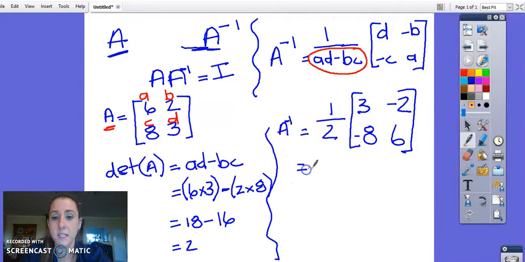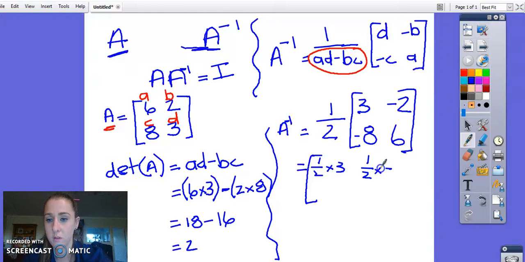From there we're not done. We need to multiply the half through our matrix. So it'll be a half times 3, a half times -2, a half times -8, and a half times 6.